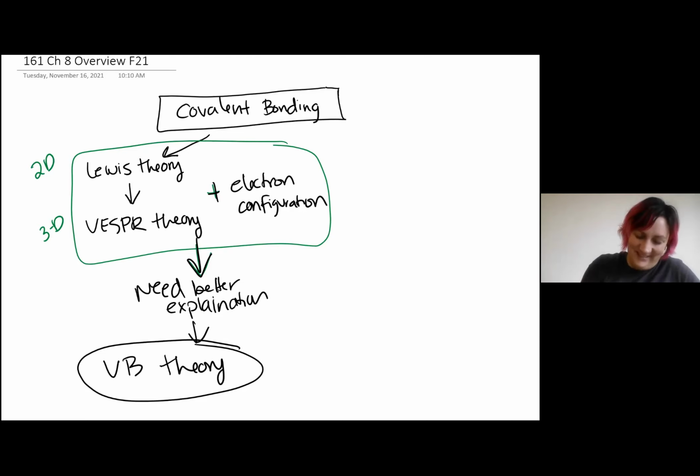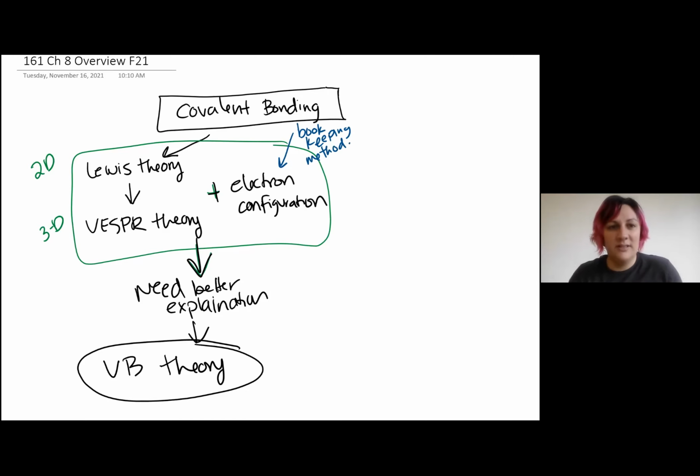Remember though, this electron configuration we were doing in our orbital diagrams, these were just a bookkeeping method for our electrons. It wasn't actually grounded in what the electron's really doing. It's the same with Lewis and VSEPR theory.